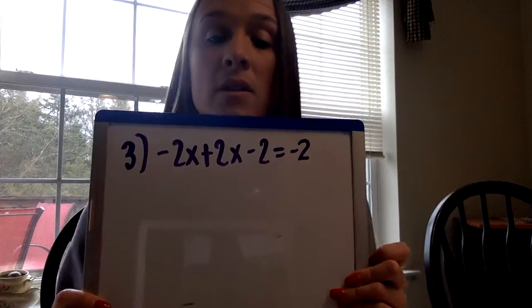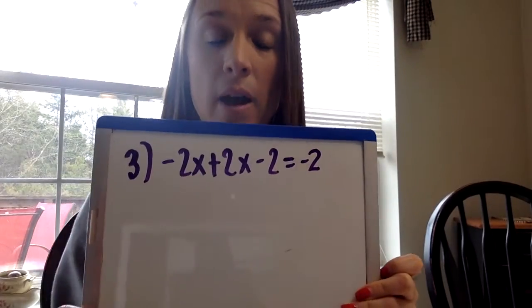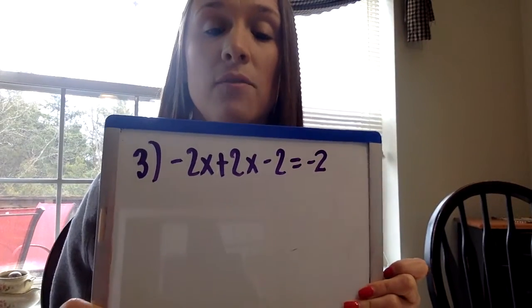Okay, let's try 2 more. Okay, look at this problem. This says negative 2x plus 2x minus 2 equals negative 2.